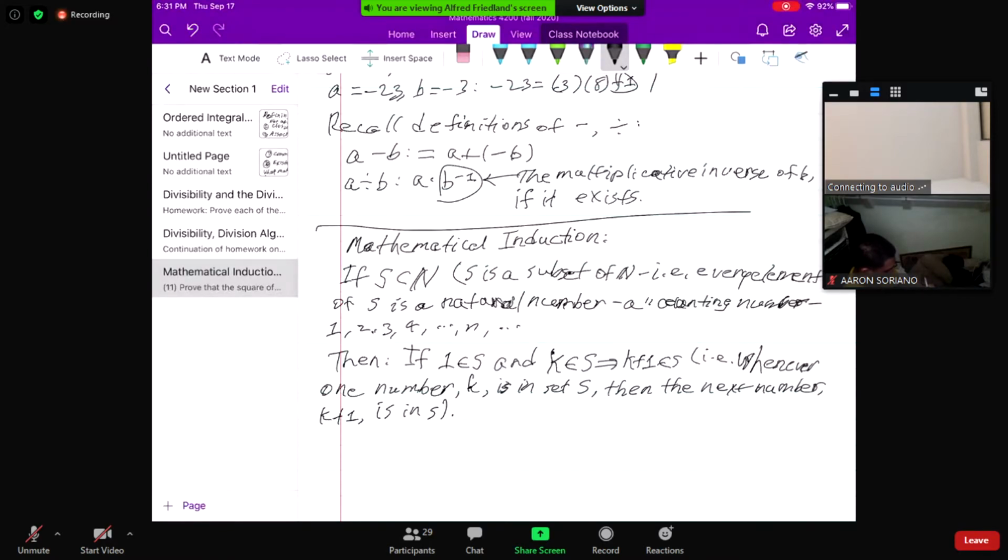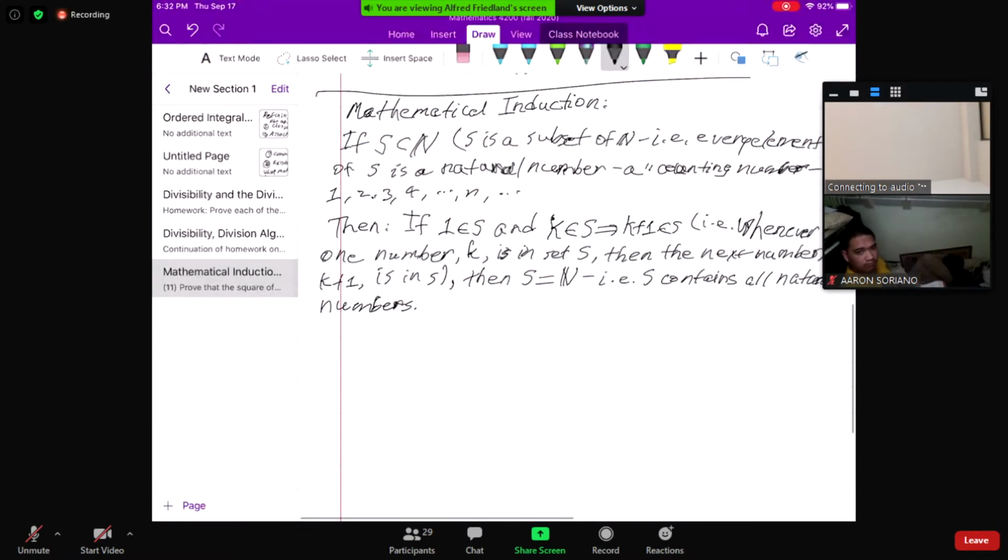I guess I'll finish this if then statement. So if this is true, then S is not a proper subset of N, S actually equals N, meaning S contains all of the natural numbers. And as I say, I'll actually prove this axiomatically next term, but let's look at it for now.